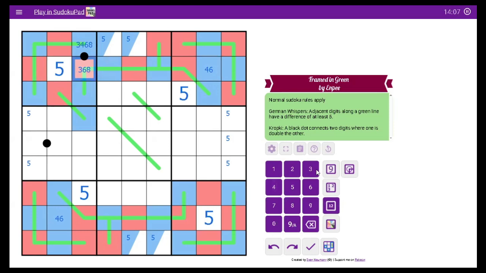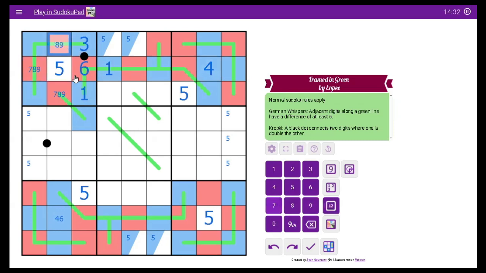Now, let's try to make this a 6. This would then be a 3. See, it's very forcing. It puts double ones here. It makes this a 4. Okay, this is high, so this is 8 or 9. You could just fill in 7, 8, 9.